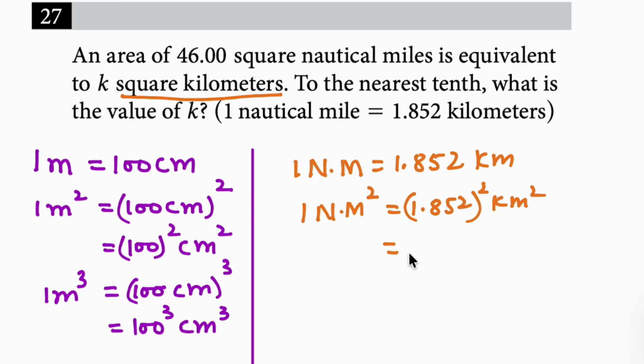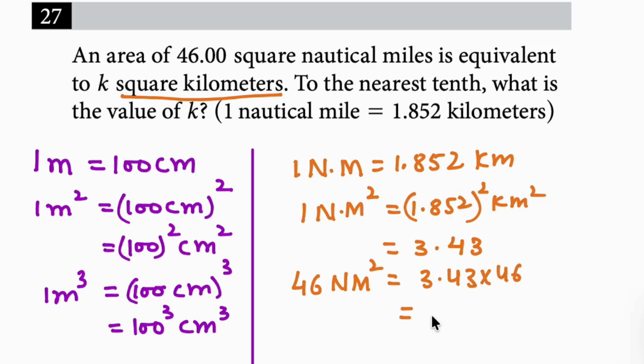That will be 3.43. Let's use this much only. And so 46 nautical miles squared will be equal to, you have to multiply by 46 on both sides, and because you have to round it off, it will be 157.8, right? So in this question particularly, you have to understand how unit conversions work if you are squaring them or if you are taking the cube of them.